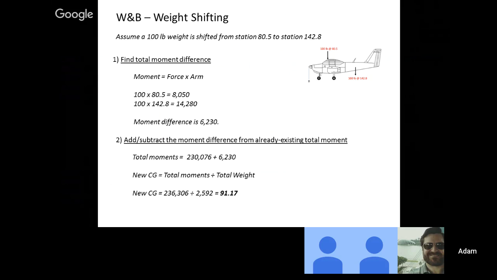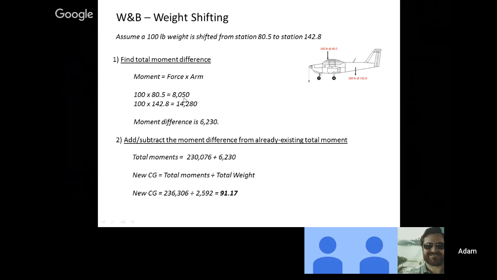So the moment prior to moving the weight was 230,076 inch pounds. And because we're moving the weight further aft, which is in the positive direction from the datum, remember the datum is the nose of the aircraft, we're going to add the moment difference.